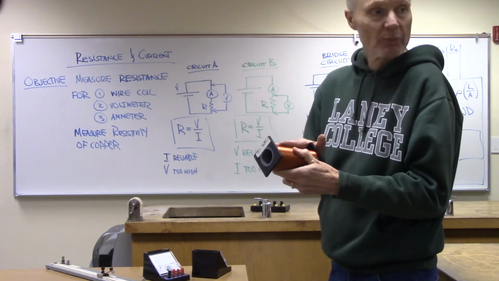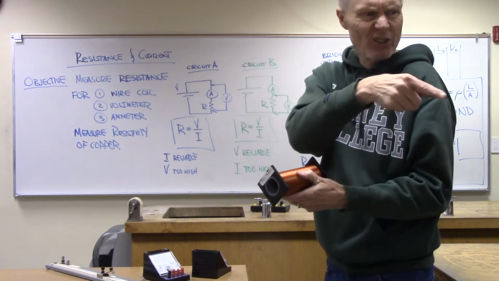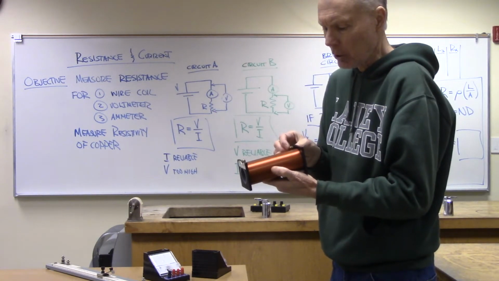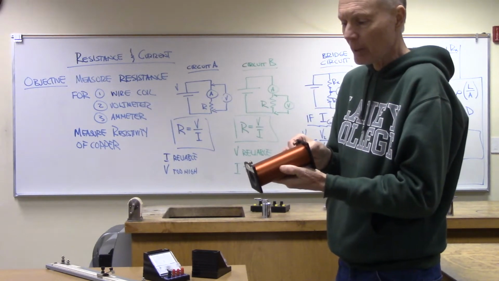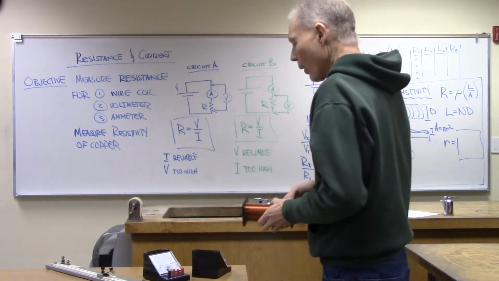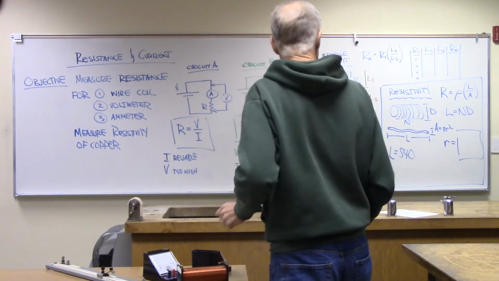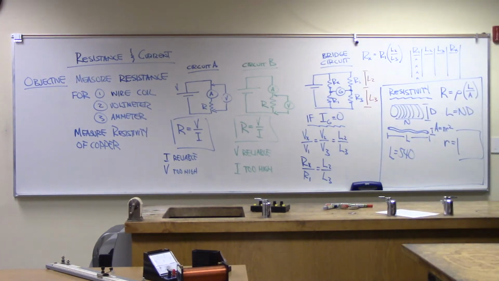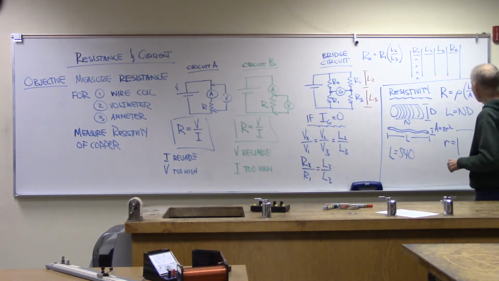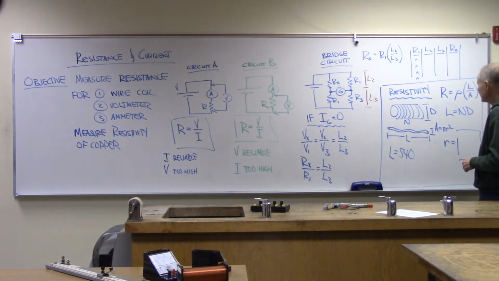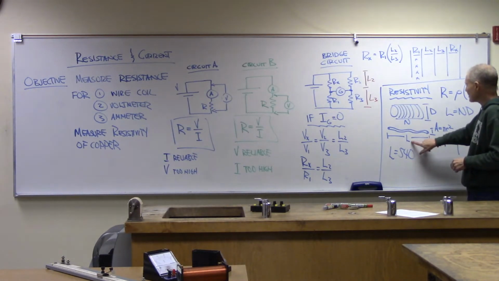We've got some variations on this. The one I'm actually going to use for the close-up has 540, but that's kind of what our wire coils look like. So that one's 560, but the one we're going to use for the measurement is at 540. We're going to have to find out how long this is.